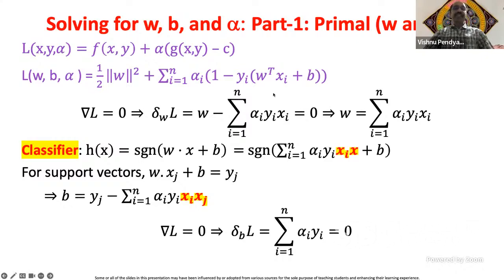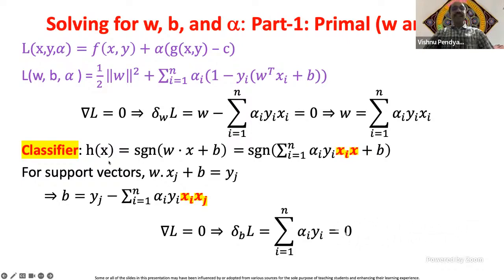It's vector calculus, so w transpose with respect to w will still be the coefficient, right? So we eventually get w minus the summation of alpha i times yi times xi is equal to 0. That means w is equal to the summation of alpha i times yi times xi.